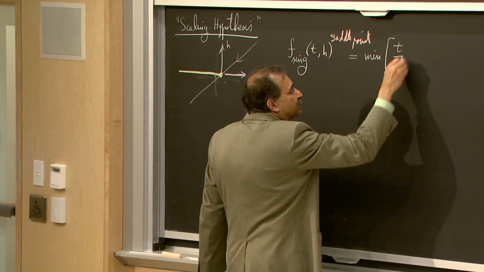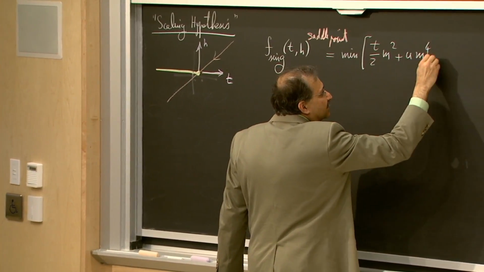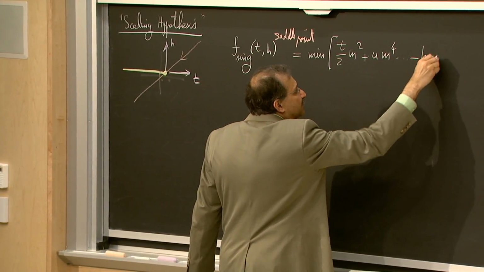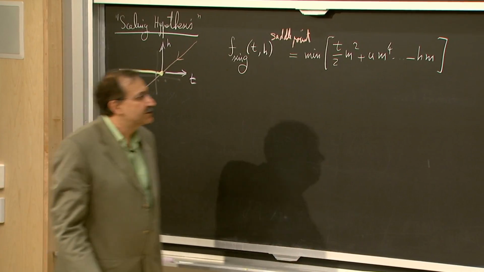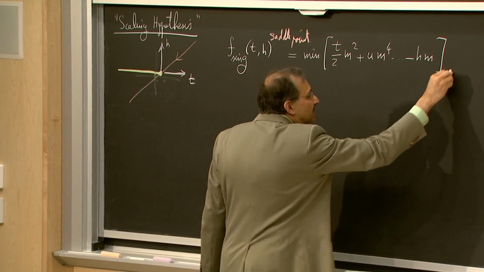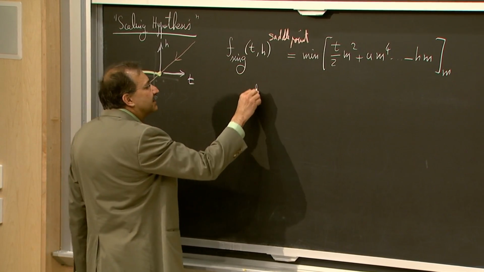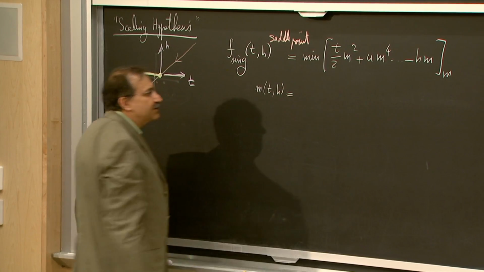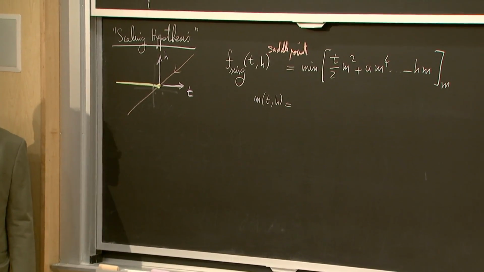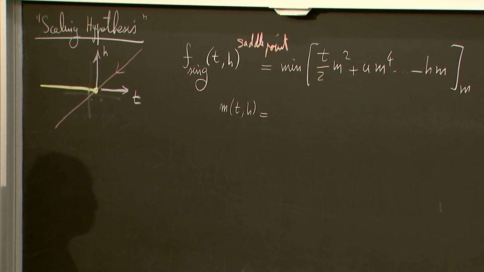There was a Tm squared over 2, there was a um to the fourth, and there is an hm. So we had to minimize this with respect to m. And clearly what that gives us, if I really solve the equation that corresponds to this minimization, is m as a function of T and H.